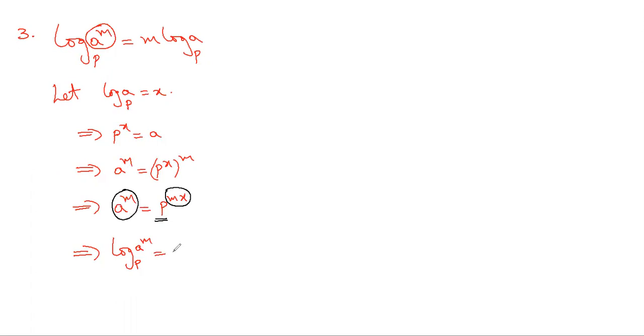The one which is close to the base, write outside, other side. Then this is log a power m base p equal to m into, write the x value, log a base p. That's it. And for simplicity, we write the property without the base. Log a power m equal to m log a. Make a note of it.